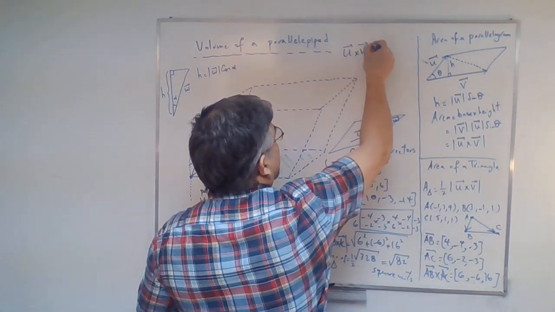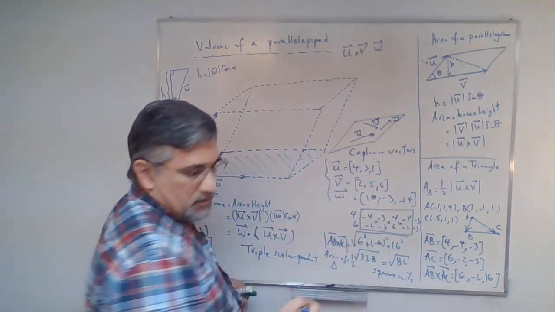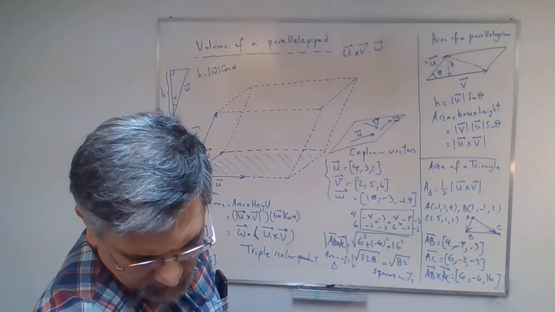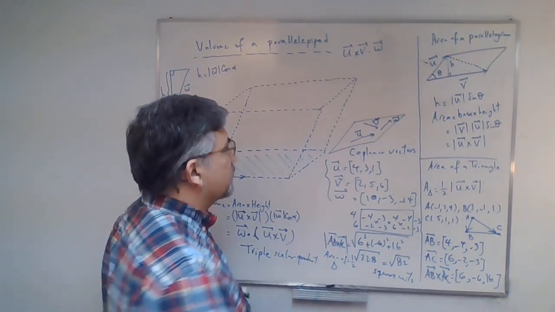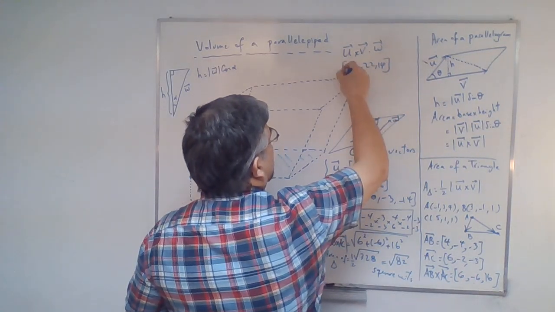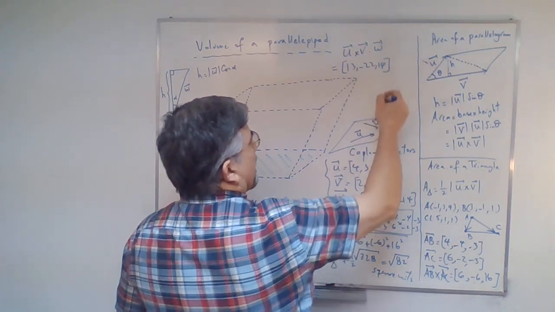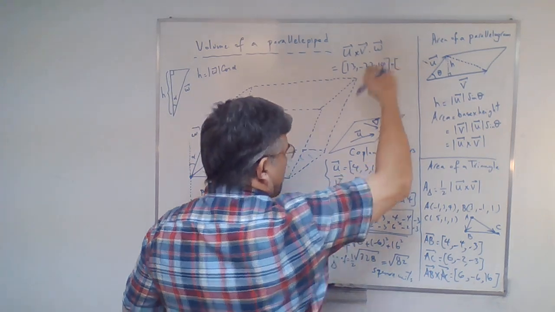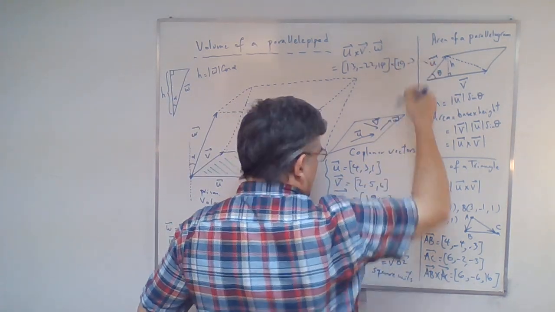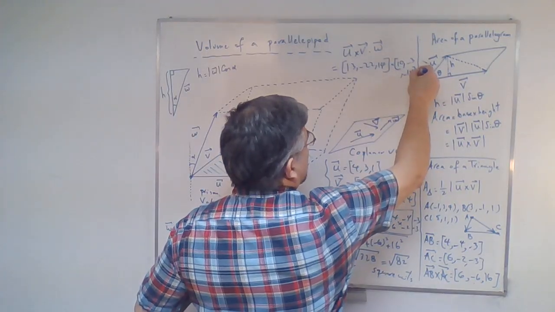So what we do is u cross v dot w. We find u cross v, and u cross v is 13, negative 22, 14. So this is u cross v, and we're going to find the dot product of this with the third vector, which is 10, negative 3, negative 14.